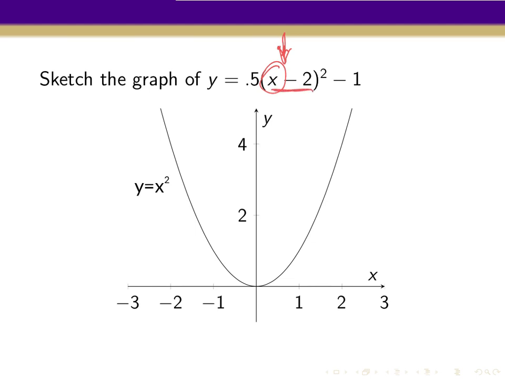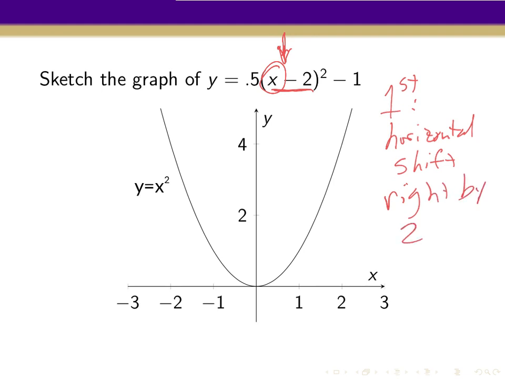And so the first thing we're going to do is a horizontal shift to the right by 2. You know, from x squared, x has to be 2 bigger to get the same value again.